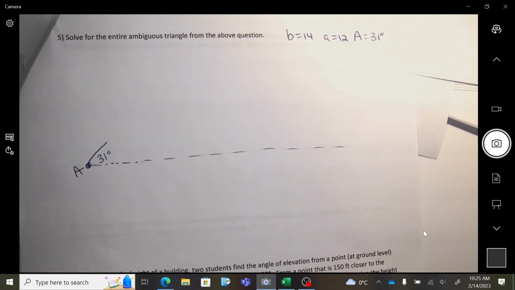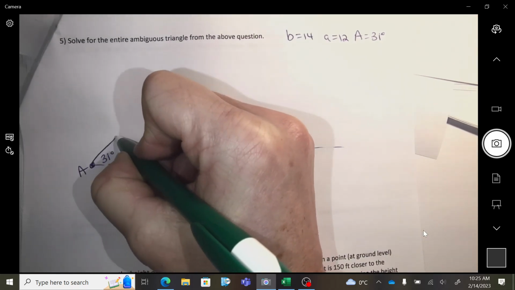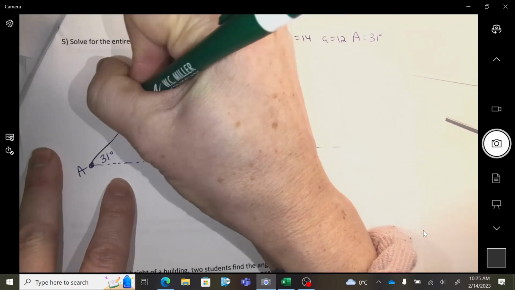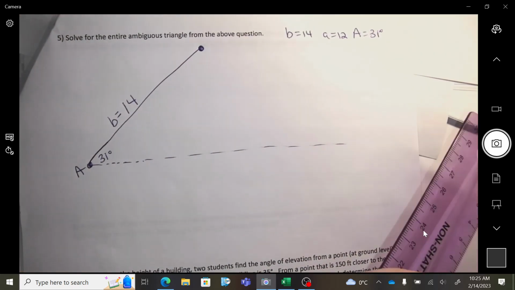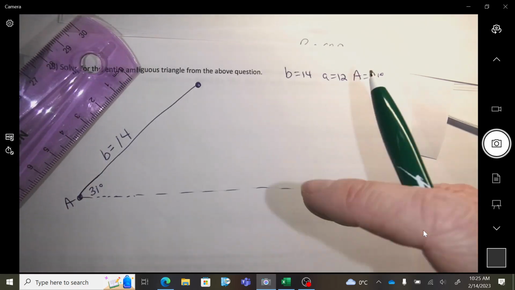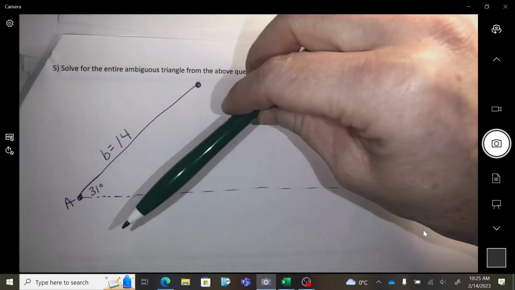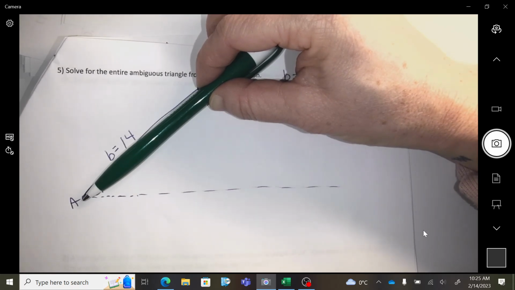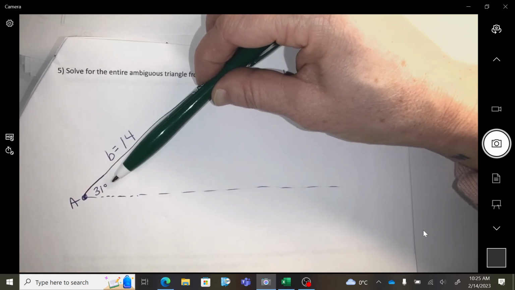Now pretend that I'm drawing a ruler for a length of 14. From my finger to the pen, this is 14. So I'm going to make a length that's 12.